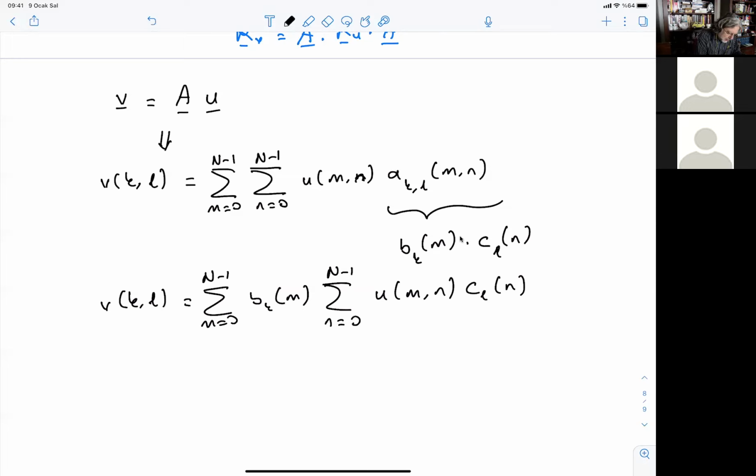Now here, for once, I would like you to not consider this. Just ignore it for the time being. Let's assume that that is U of N only that we have here, and then I have C sub L of N. Then it becomes a one-dimensional transformation.